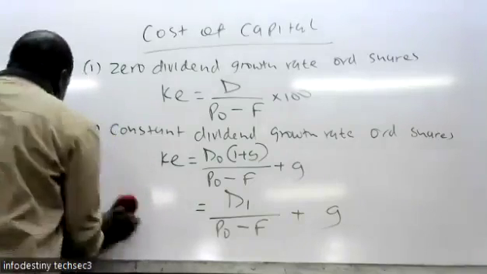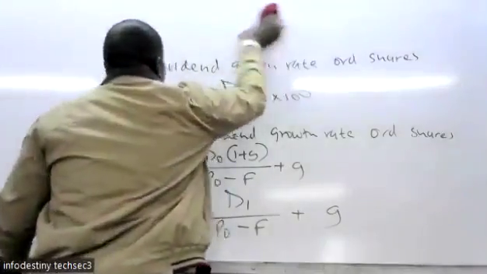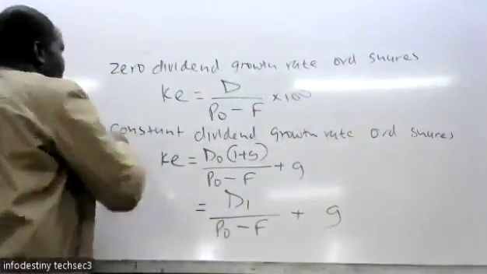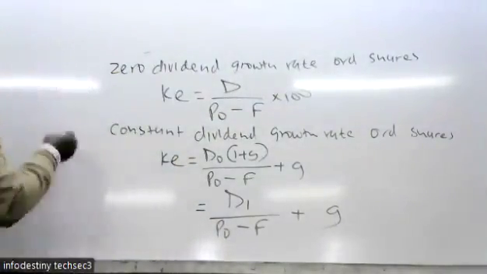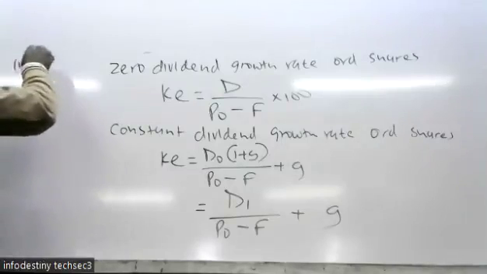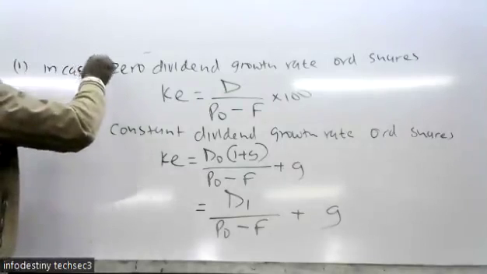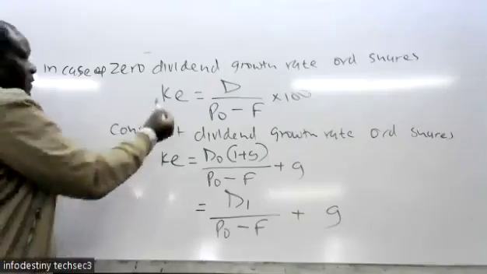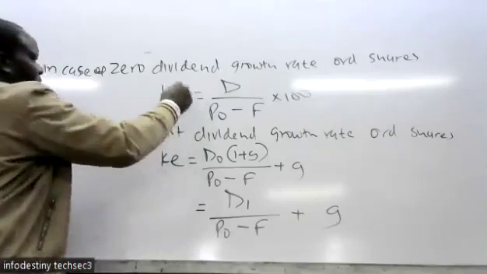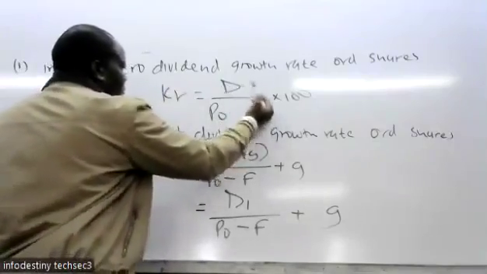You start with the first one: in case of zero dividend growth rate, everything will remain, but you make this one KR, and you also remove the flotation cost.